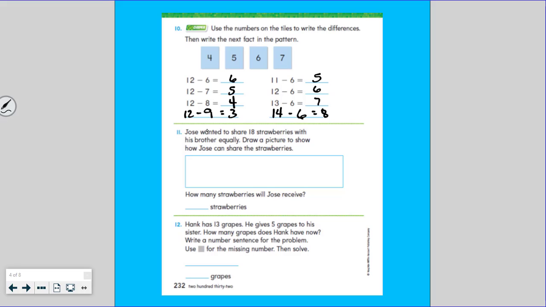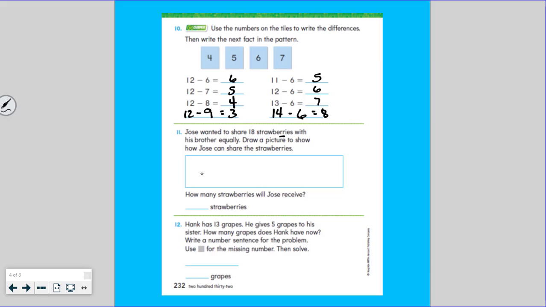All right, on to number 11. You get to draw another picture for me to show your understanding. So Jose wanted to share 18 strawberries with his brother equally. So two people are sharing strawberries and they have to share them equally. Draw a picture to show how Jose can share the strawberries.